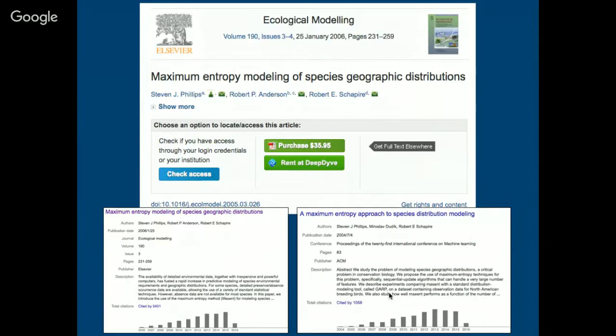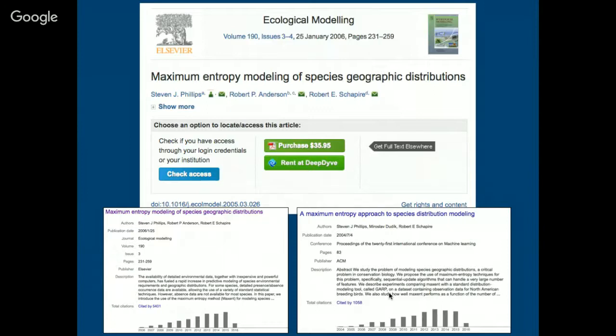So instead, I'm just showing you the view, and you don't get to see views within the paper. But I just want you to see the amount of citation. This paper has been cited 5,400 times. Another early Maxent paper has been cited another 1,000 times. So these are massively important papers.